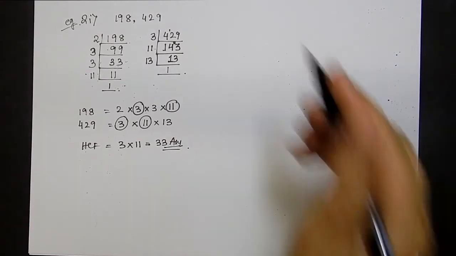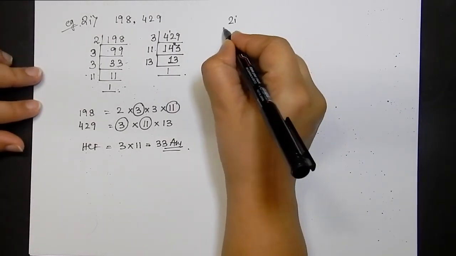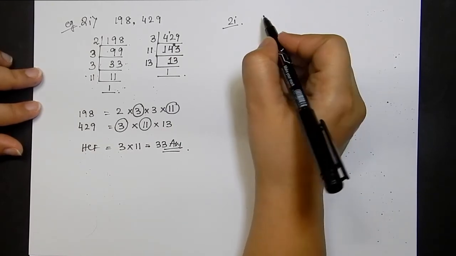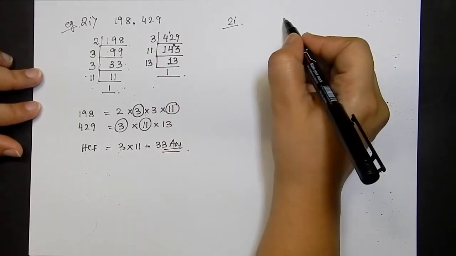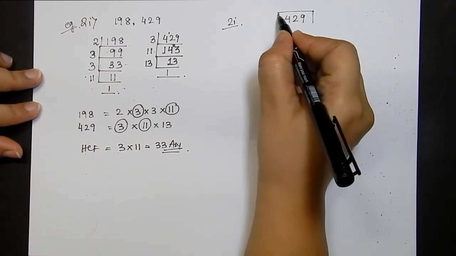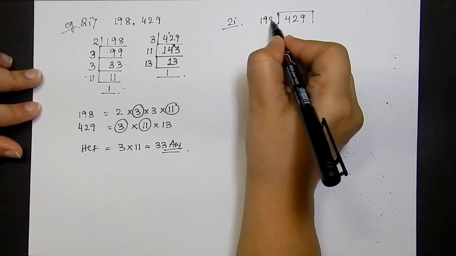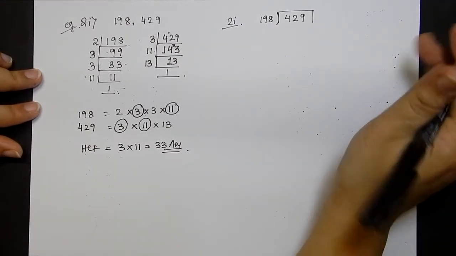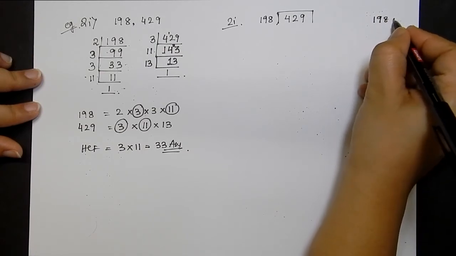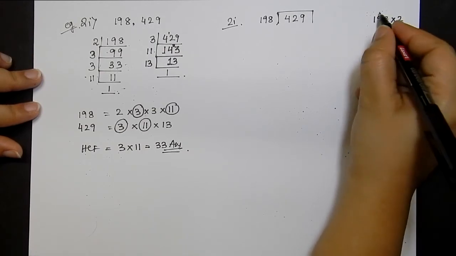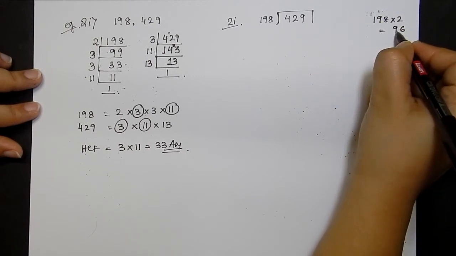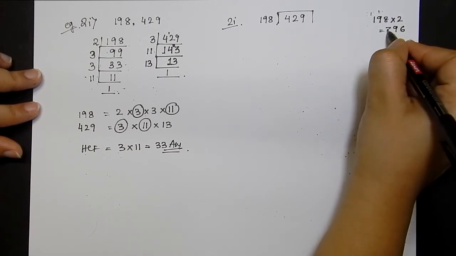Now I will do this using the division method as required in the question. So I am going to divide the larger number by the smaller number. In the rough column I can try out all the multiples. 198 into 2: 2 8s are 16, 2 9s are 18 and 1 is 19, and 2 1s are 2, plus 1 is 3.